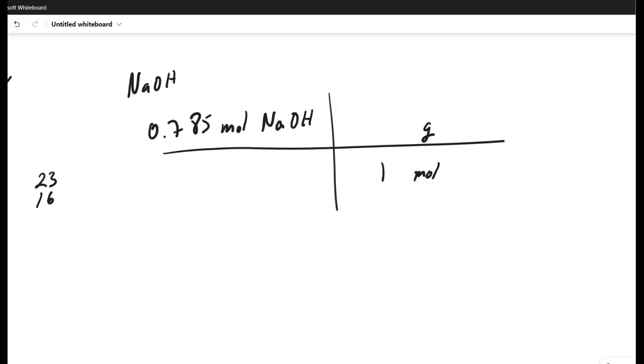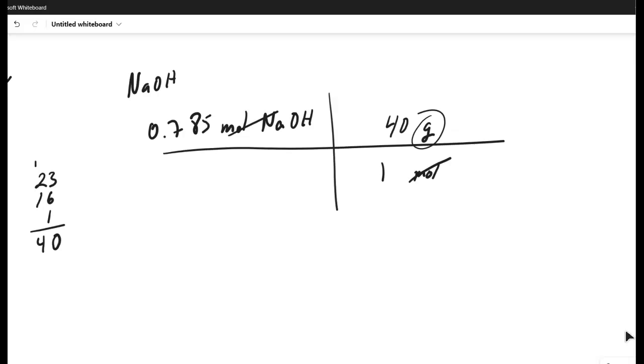Oxygen is 16 grams per mole. And hydrogen, let's just call it 1 for the sake of this calculation. So I've got 40 grams in every 1 mole. When you do it, I'd like you to keep all of your masses to the hundredths place, okay? So when we multiply through, my moles are going to cancel. I'll be left with grams, about 32 grams roughly.